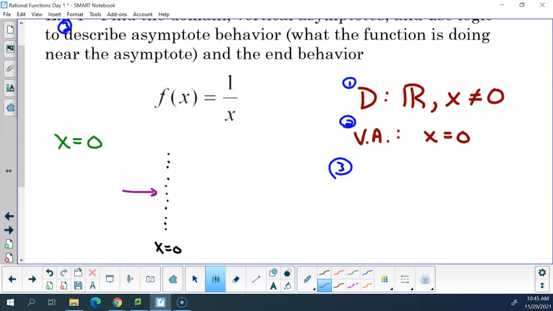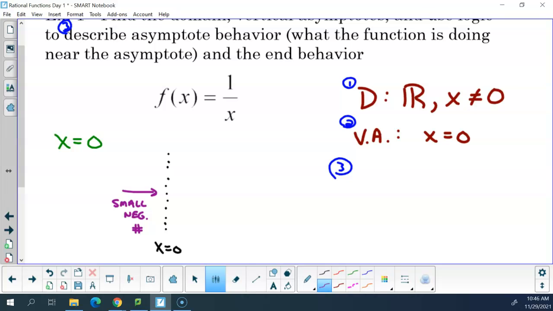Right? Okay. So 0, that means I'm getting smaller and smaller. We're getting a smaller and smaller negative number.